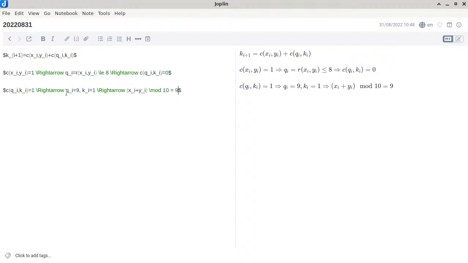But because we also know that xi can only range from 0 to 9, and yi can range from 0 to 9, that helps me lock down and say that xi plus yi cannot exceed 10, it cannot even reach 10. So this implies, right, I need a right arrow, C of xi, yi has to be a 0.